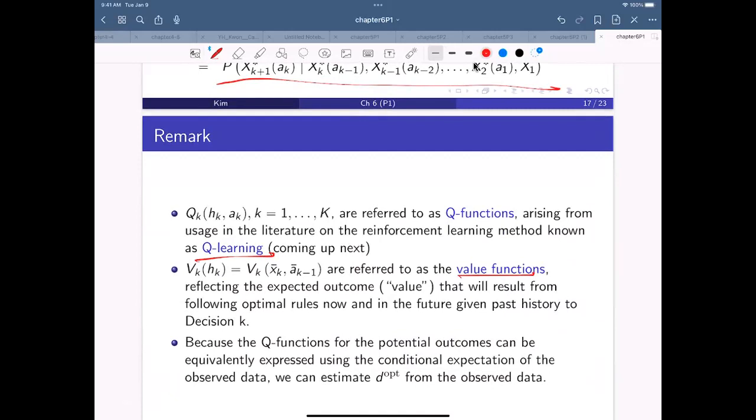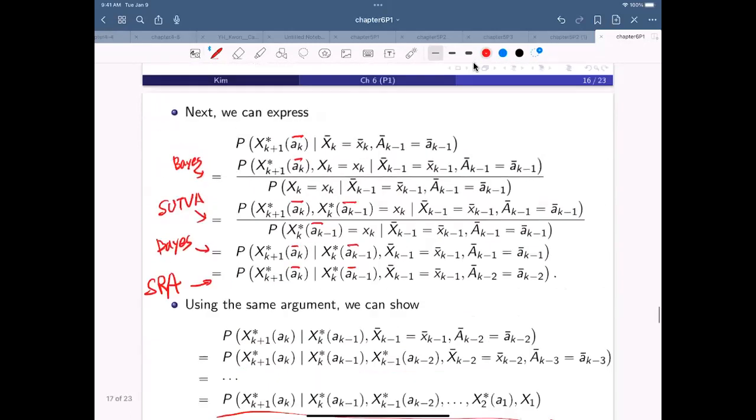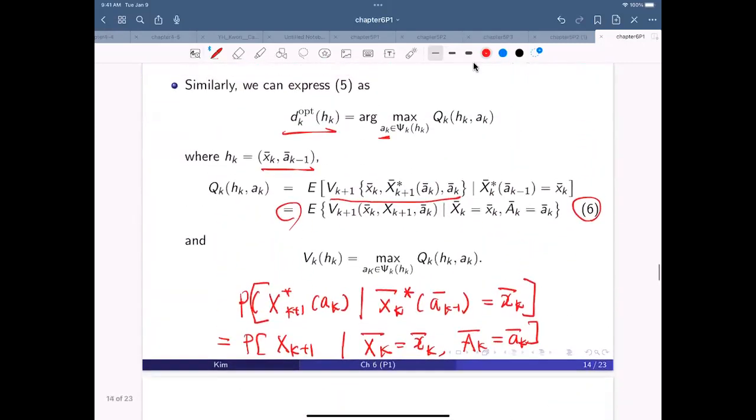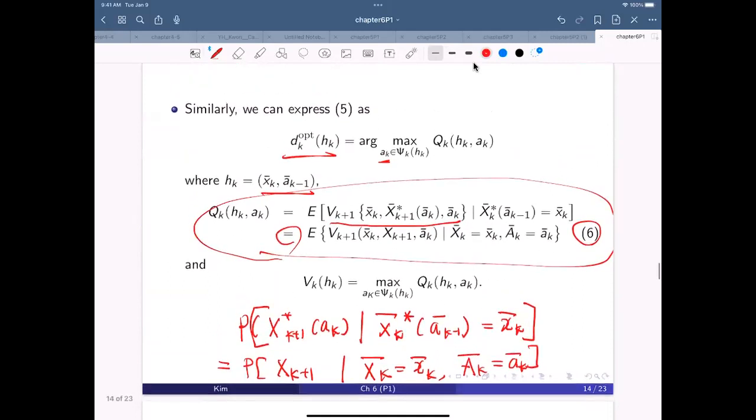Because the Q functions can be defined either in terms of the potential outcomes or in terms of the observed data. So that is the critical part, right? This is basically the most critical part of this theory.